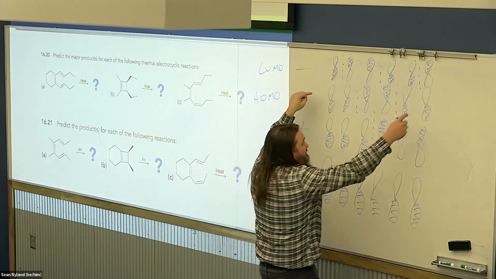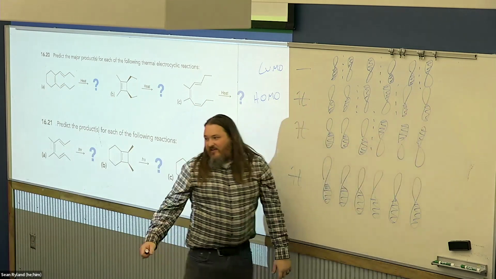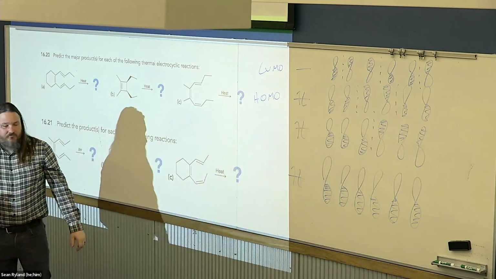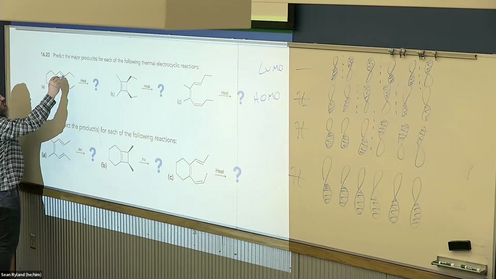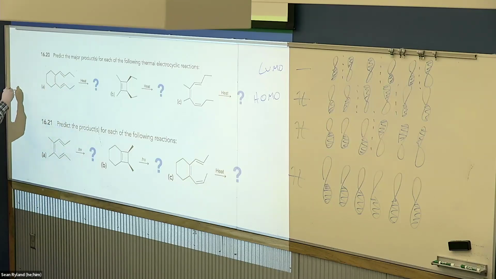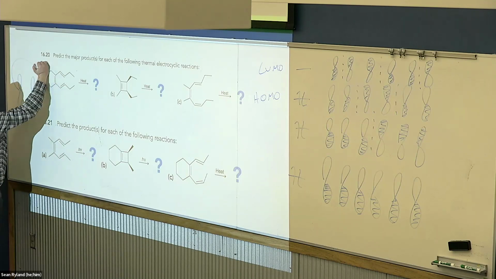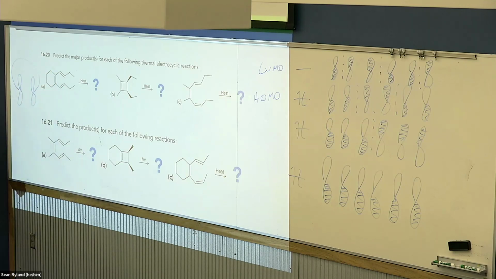So the orbitals that are on the ends are already facing the same direction, right? So if we're looking at the ends here, we have the rest of this ring structure and everything else that's attached to it. It doesn't matter that that's even there, right? It's not reacting, so we have to draw it in our product.